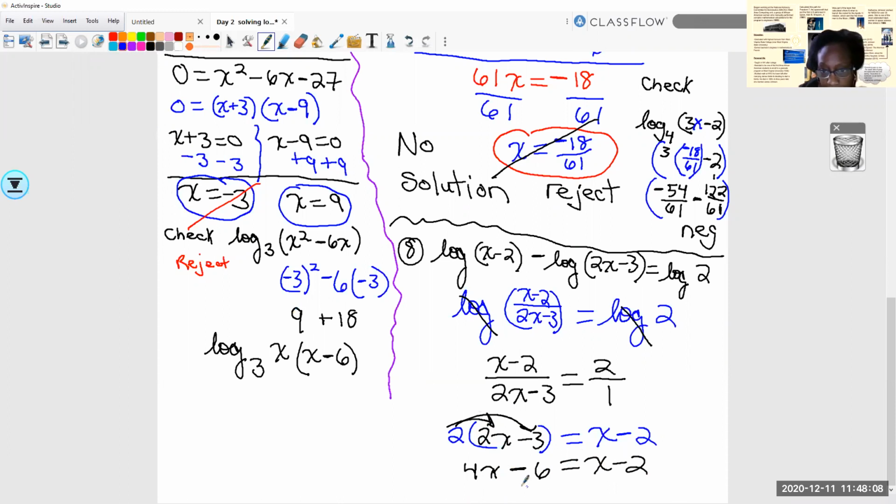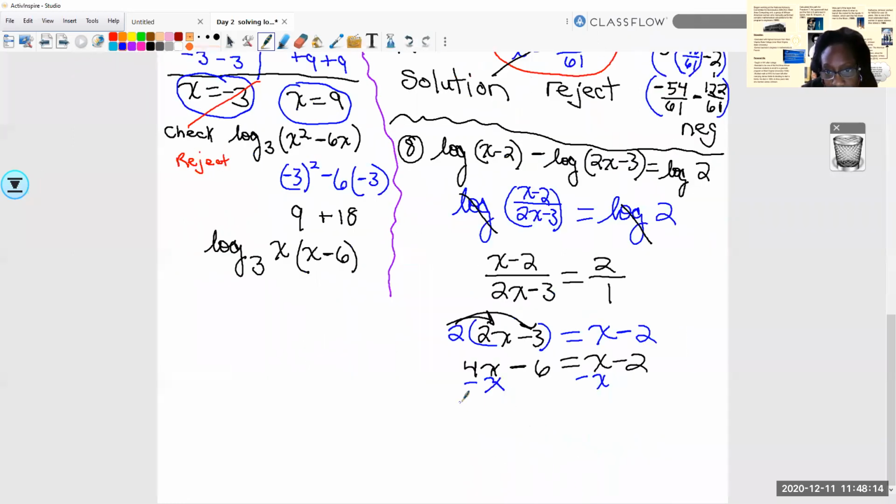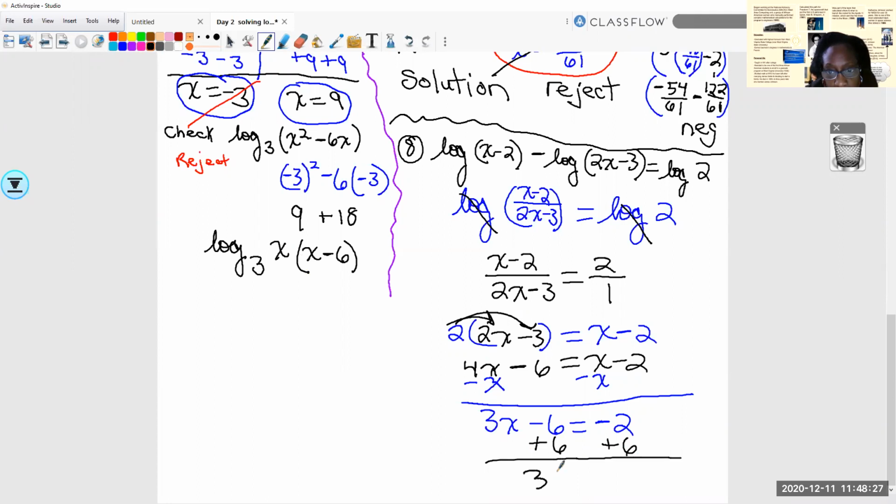Subtract x on both sides. We have 3x. Add 6. 3x equals 4.